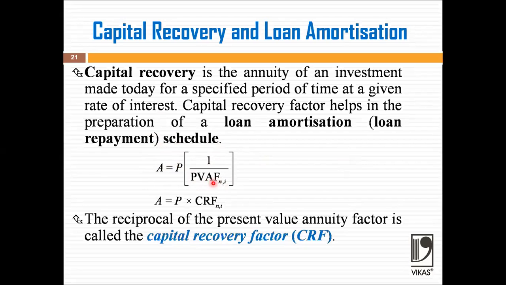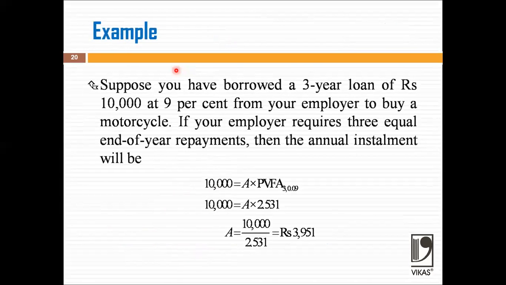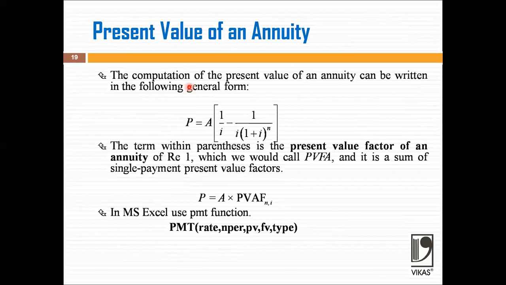The reciprocal of the present value annuity factor is called CRF. Now A comes here, P is here.